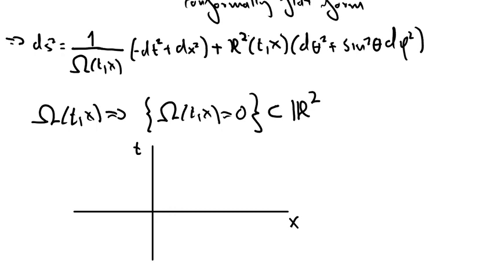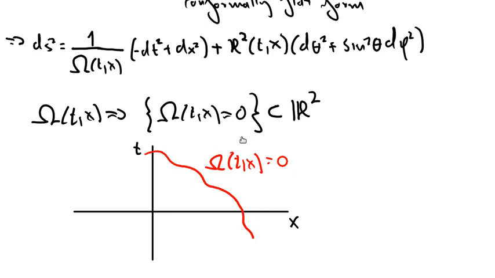Just imagine that it takes this form. This is the graph of Omega(t,x) equal to 0, and at those points, if we look at the expression of the metric, we have a singularity, so the metric is not defined at those points.